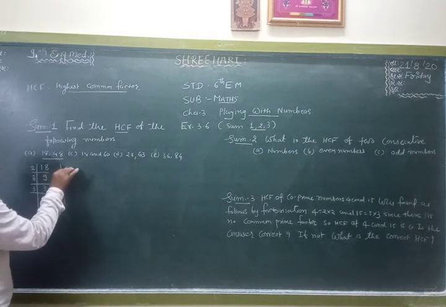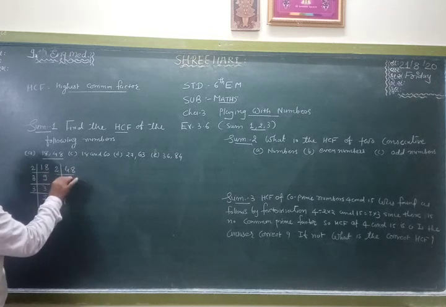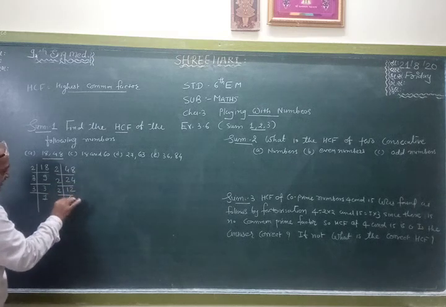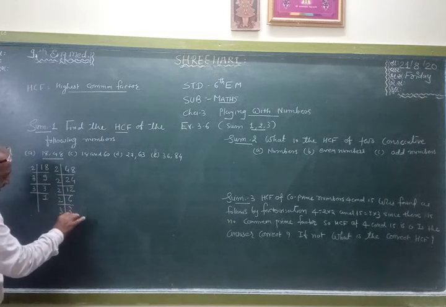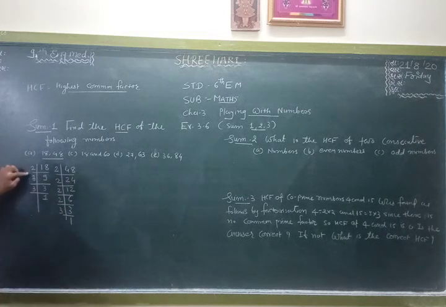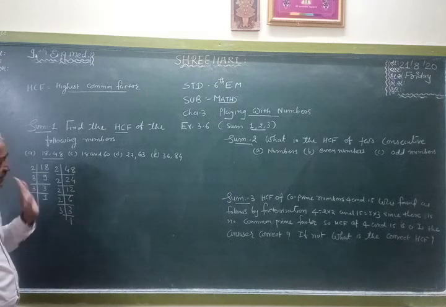Now 48. The last digit is 8, so we can divide by 2. Half of 48 is 24, half of 24 is 12, then 6. We can divide it by 2, then 3, 3 1s are 3. Count: 2 3s are 6, 6 3s are 18, 2 2s are 4, 2 2s are 8, 2 2s are 16, and 16 3s are 48. So it is right.